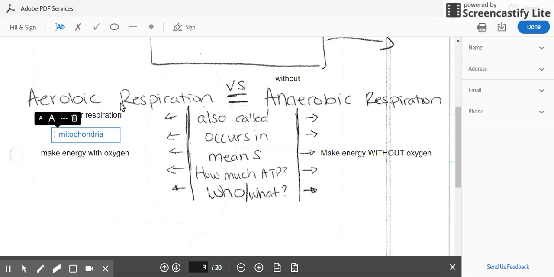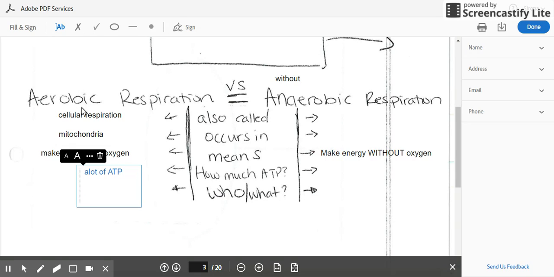Aerobic respiration, the one that comes with oxygen, is going to make a lot of ATP, a lot of energy. Different organisms that carry out cellular respiration or aerobic respiration are things like plants and animals.